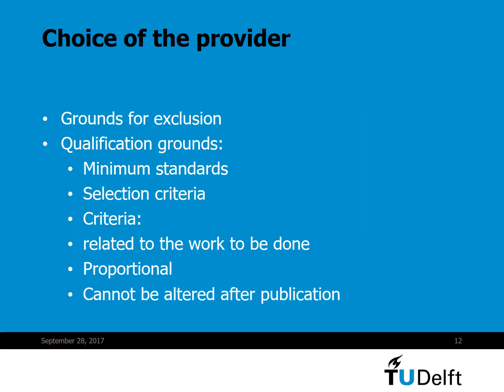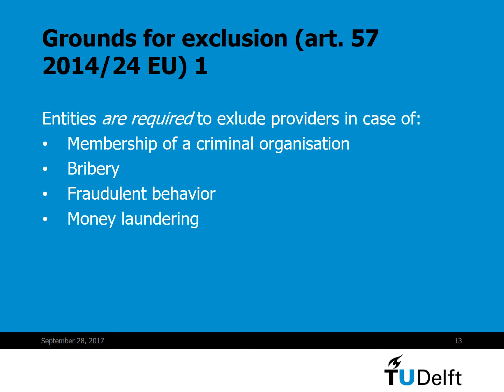So how do you choose the provider? First of all, certain providers you do not want. Sometimes you have to exclude them, sometimes you want to exclude them. So the procurement law has grounds for exclusion. And grounds for exclusion are, for example, membership of a criminal organization.